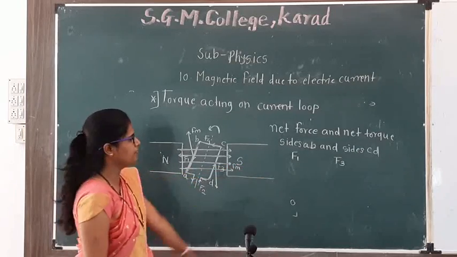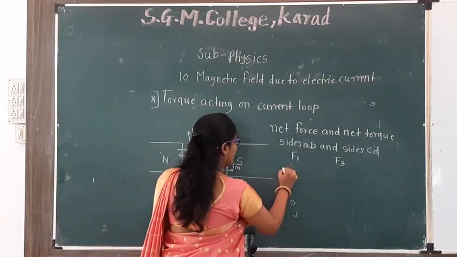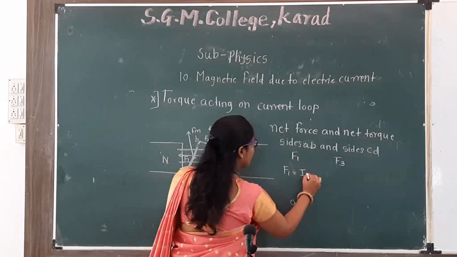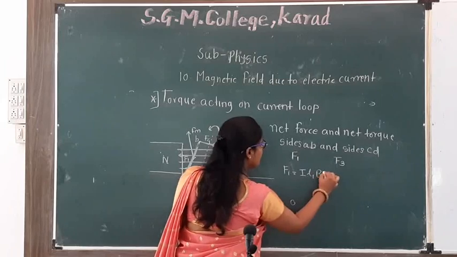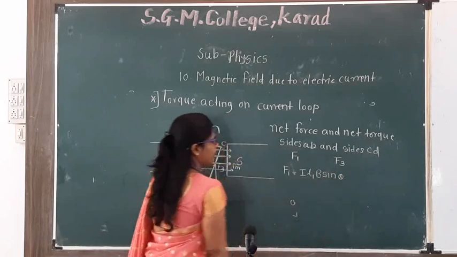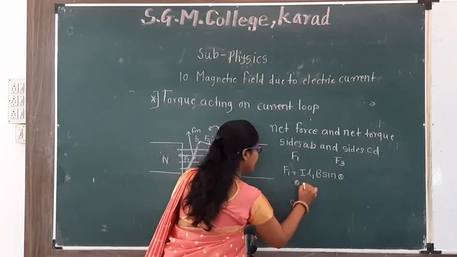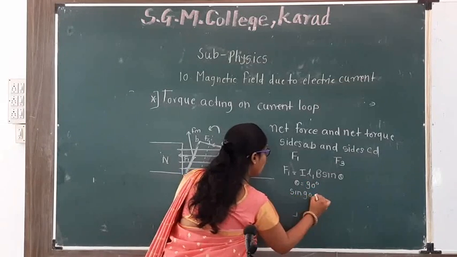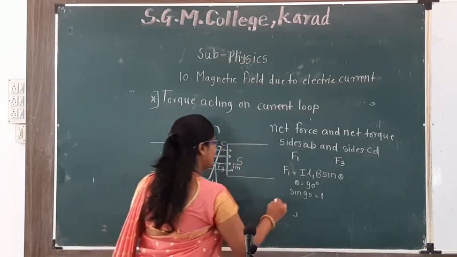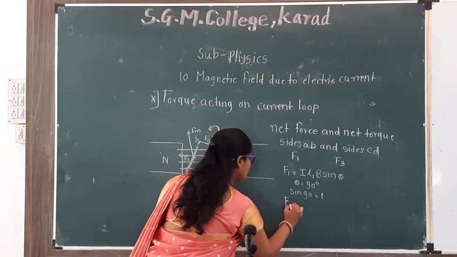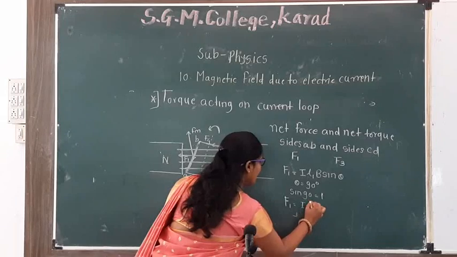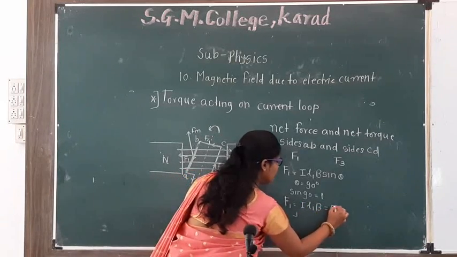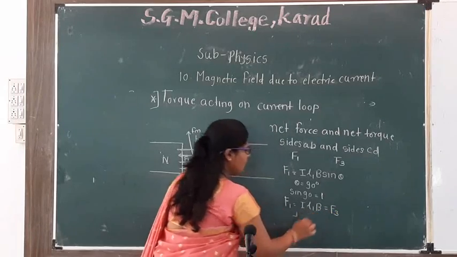Now we can write F1 equals I L1 B sin theta, but theta is 90 degrees, so sin 90 equals 1. So F1 equals I L1 B, which also equals F3, I L1 B.